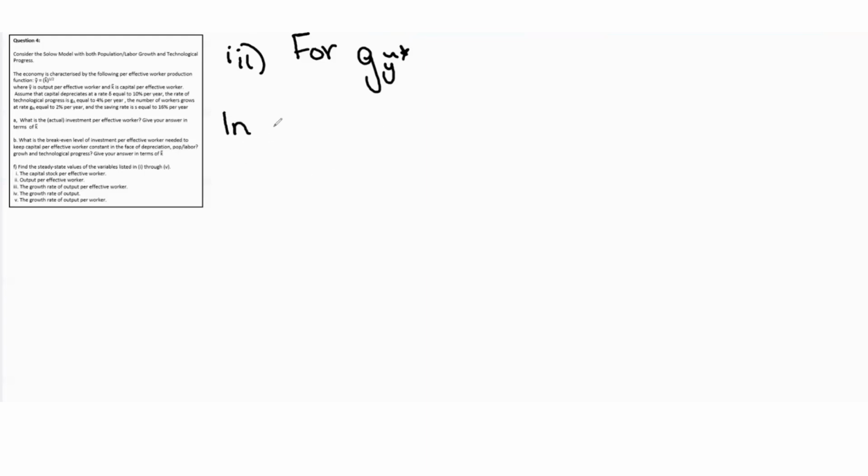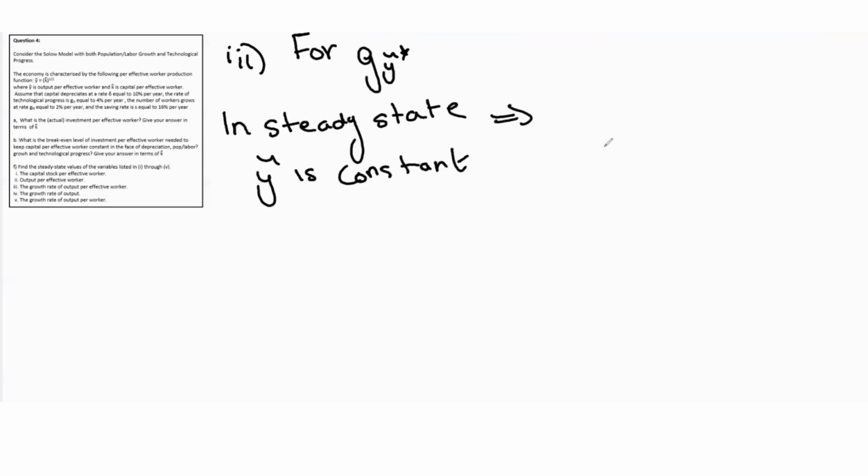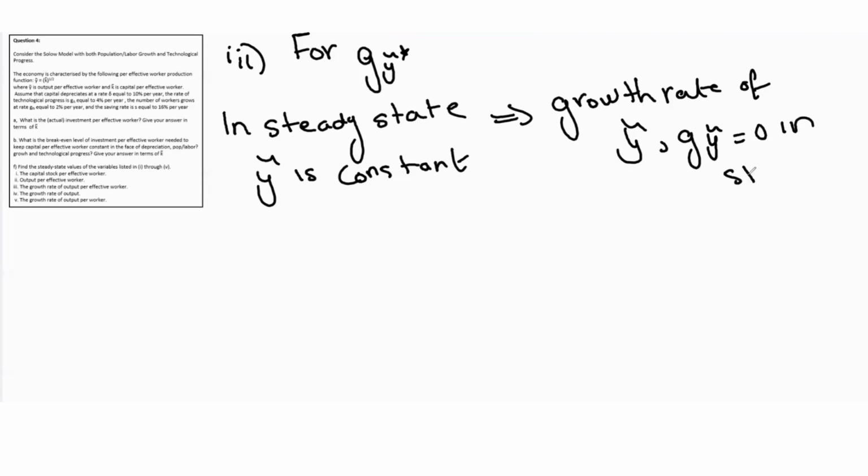For this, what we need to keep in mind is that once you have labor augmenting technological progress, in steady state y tilde is constant, output per effective worker is constant. That's how we define the steady state with labor augmenting technological progress. Capital per effective worker and output per effective worker are constant. All of our analysis is in per effective worker terms now. So this means the growth rate of y tilde, which is g y tilde, is equal to 0 in steady state, right?